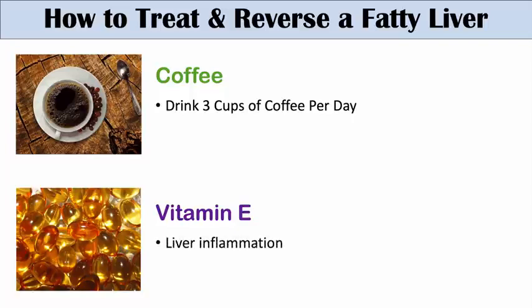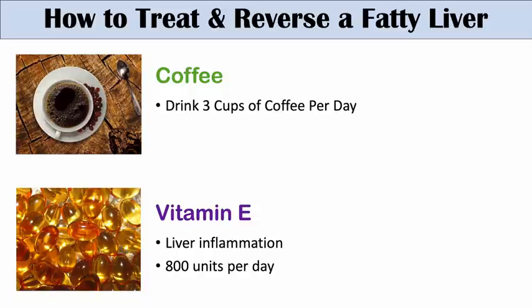So again, it's more specific to liver inflammation. So it's not necessarily used if there's no sign of inflammation yet, but if there is liver inflammation, vitamin E supplementation can be used because vitamin E is an antioxidant and it may protect the liver from oxidative damage. And 800 units per day seems to be the recommended dose here.